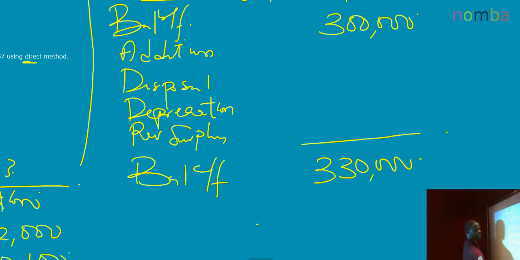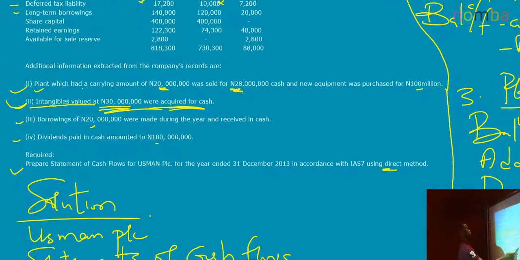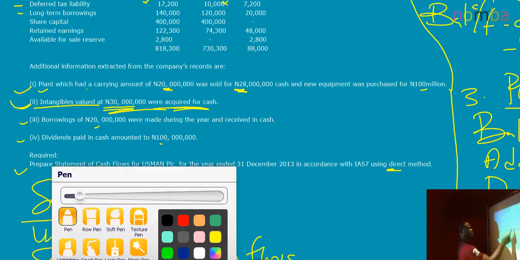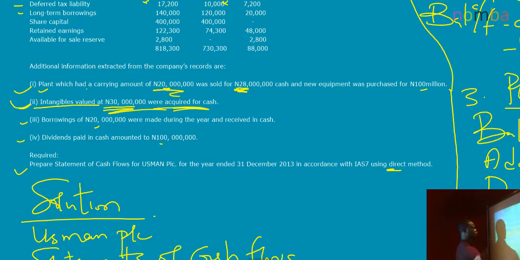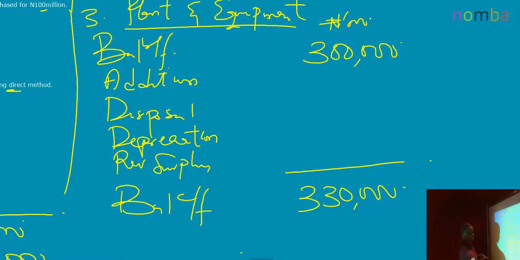So let's start inserting our figures. In the additional information, I was told that plants which had a carrying amount of 20,000 was sold for 28. What I will put there is this carrying amount. This 28 will go to my statement of cash flows because that is the amount I received. So this 20,000 comes in as disposal.